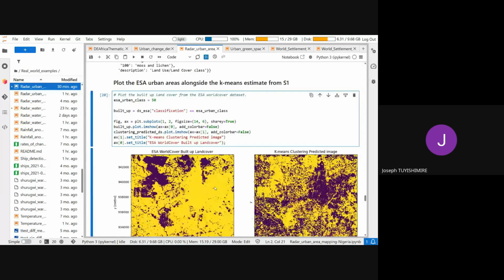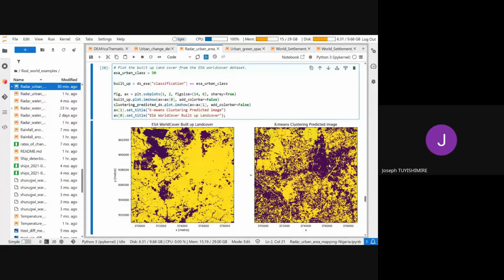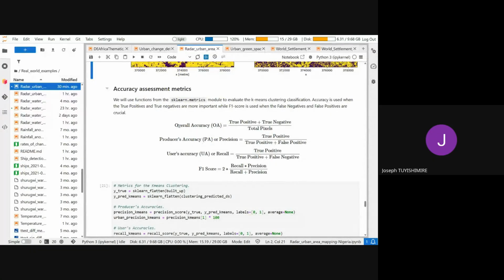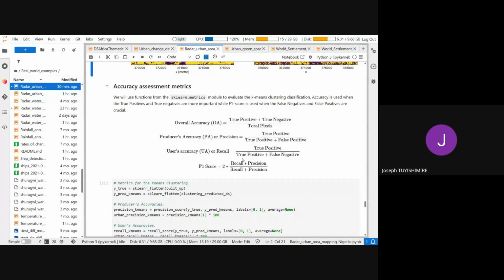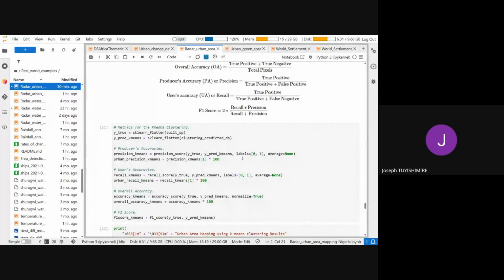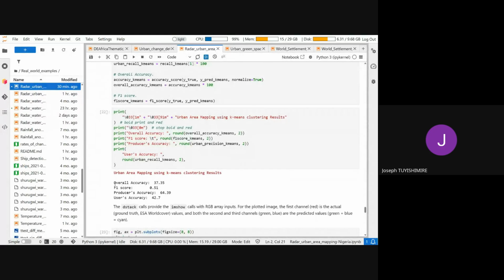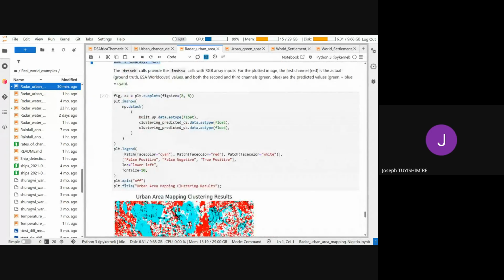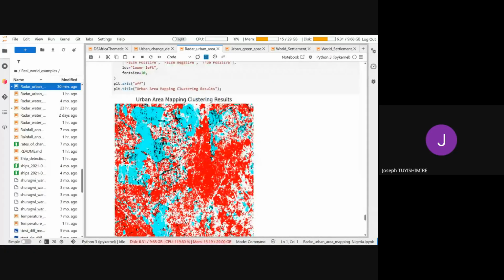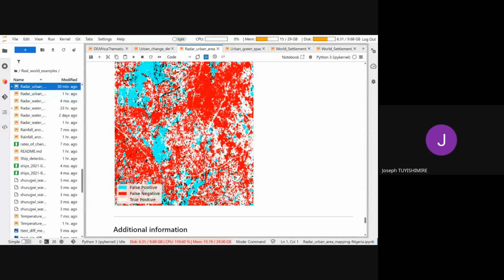We try to compare with our classification, then create some accuracy metrics, and then you can see overall accuracy 37, F-score 51, and so on. And then you can see that we have a lot of false positives and a lot of false negatives.